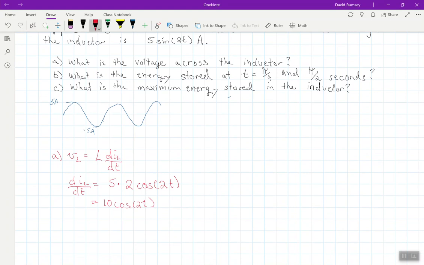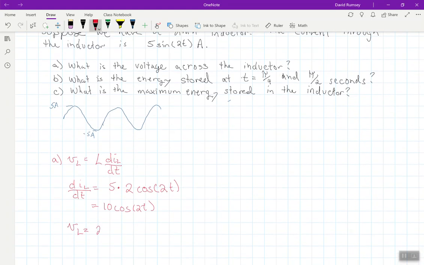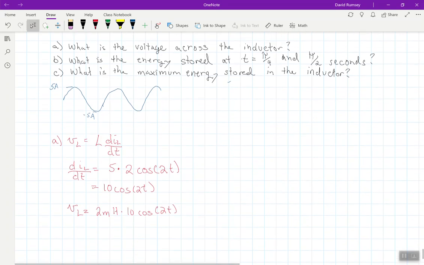And now we just plug in for my formula, what was it, a 2 millihenry inductor. So 2 millihenries times 10 cosine 2t. If we multiply that out, we get 20 cosine of 2t millivolts.